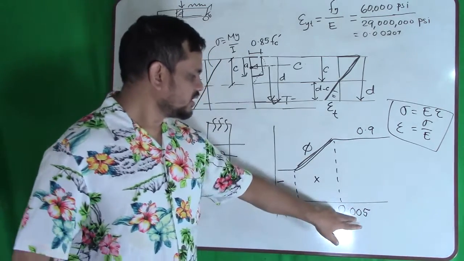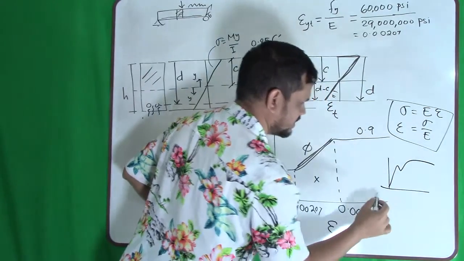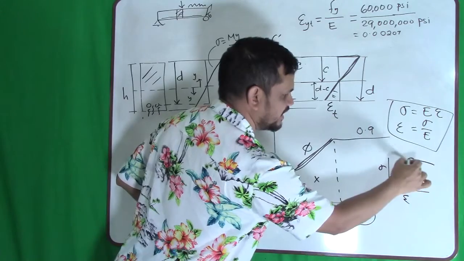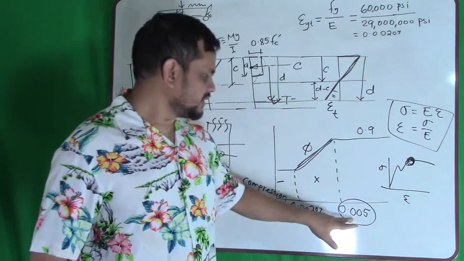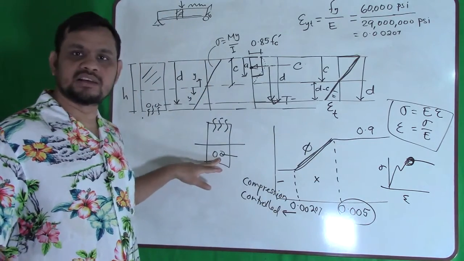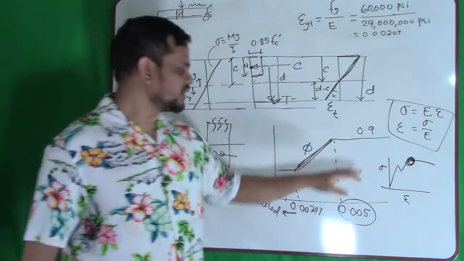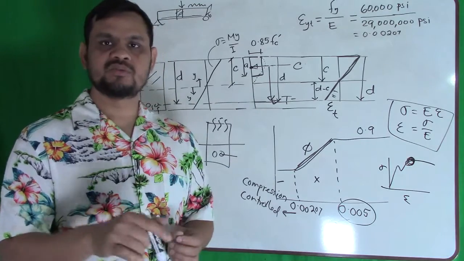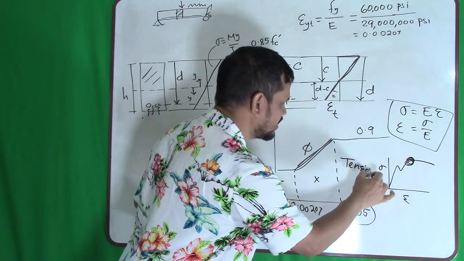If I draw the strain diagram, 0.005 is roughly here. If it is here, my steel will yield and concrete will be in good shape. That is safe. We want concrete to be in good shape and steel to yield. This area is called tension control.